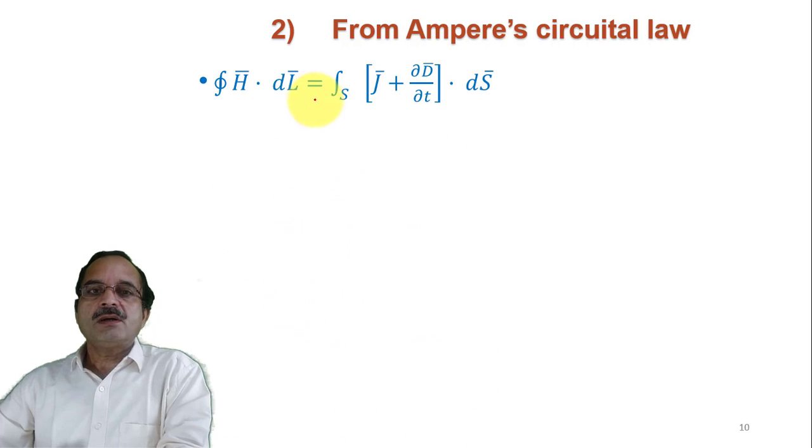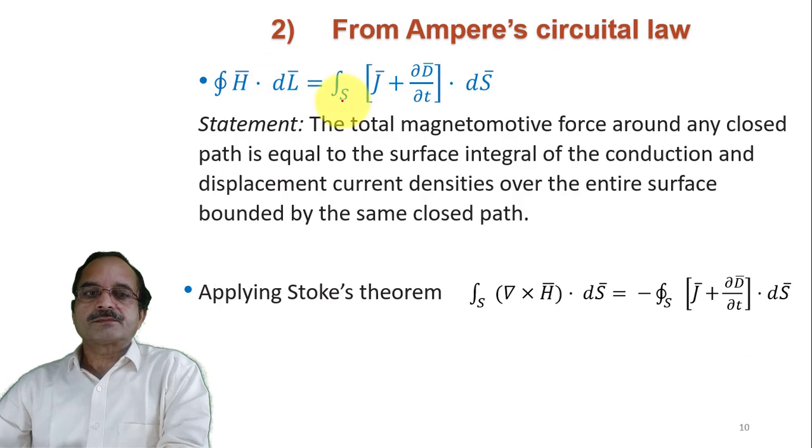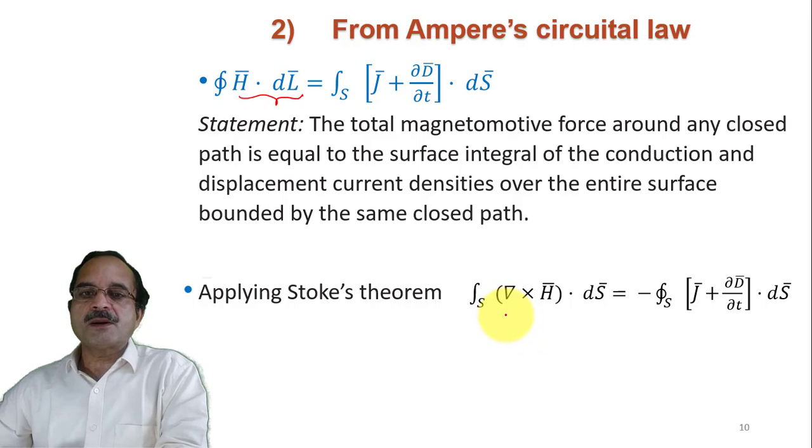Now to find out the point form, we apply Stokes theorem. So the left hand side, H dot dl, the line integral, we can represent in the form of a surface integral as del cross H dot ds.